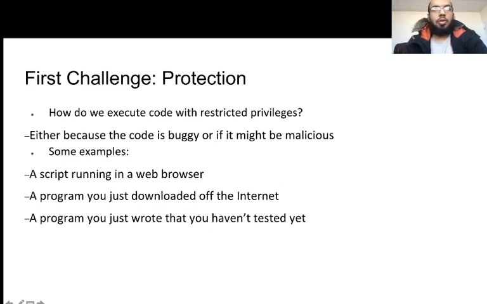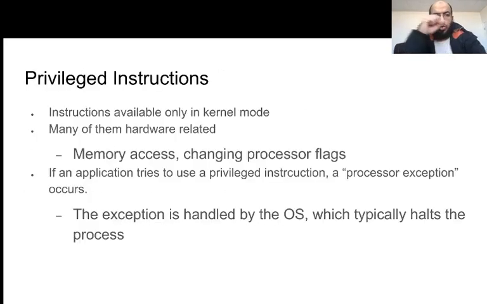But to design an operating system, we actually wanted to have protection. So one form of protection that hardware also provides support for is the concept of privileged instructions. These are instructions available only in kernel mode. A computer, in general, runs two kinds of programs at the same time.